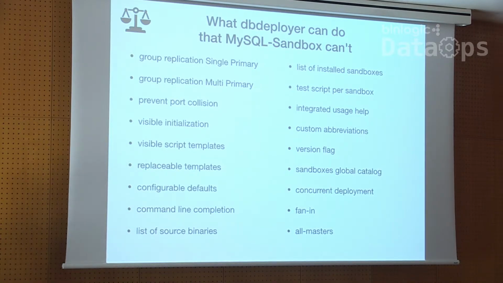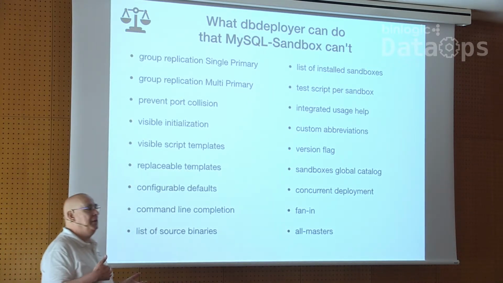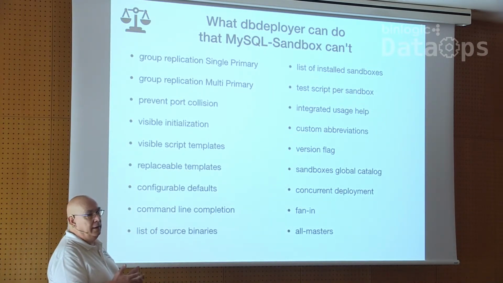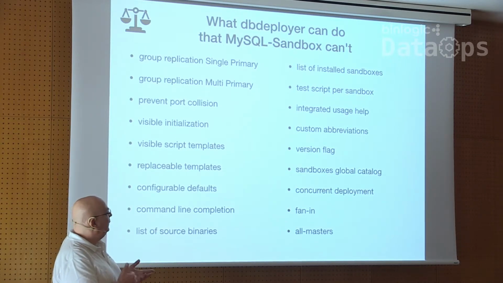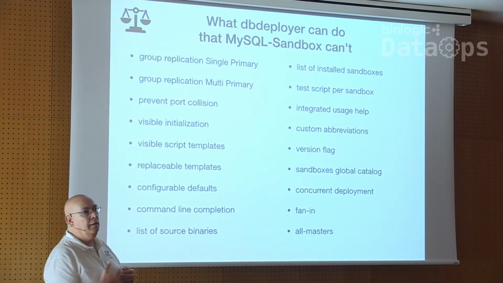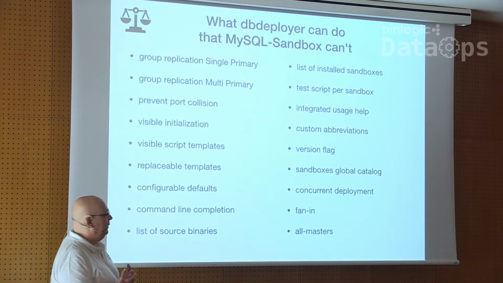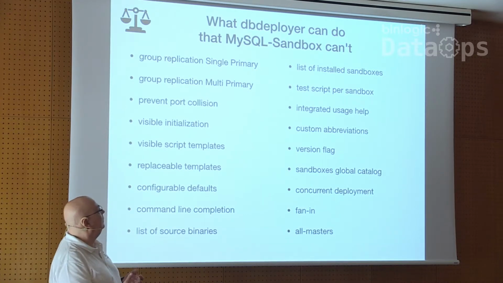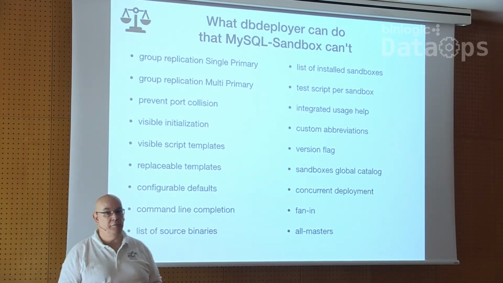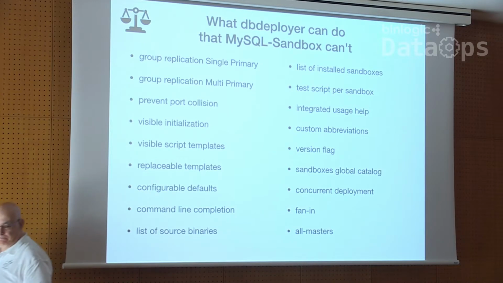In practice, what is interesting is everything that dbdeployer, after I wrote it again in Go, allowed me to do, and I could not do in the old version of MySQL Sandbox, just because I made a new architecture that allows me to add new features very quickly.